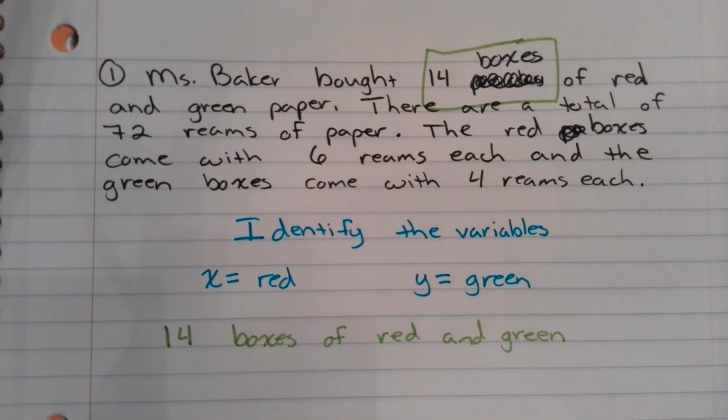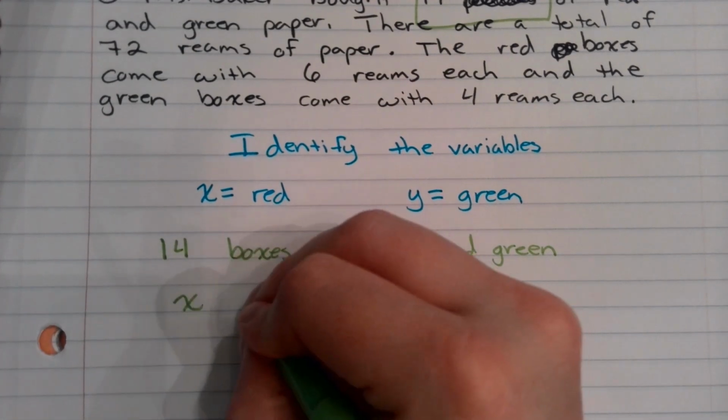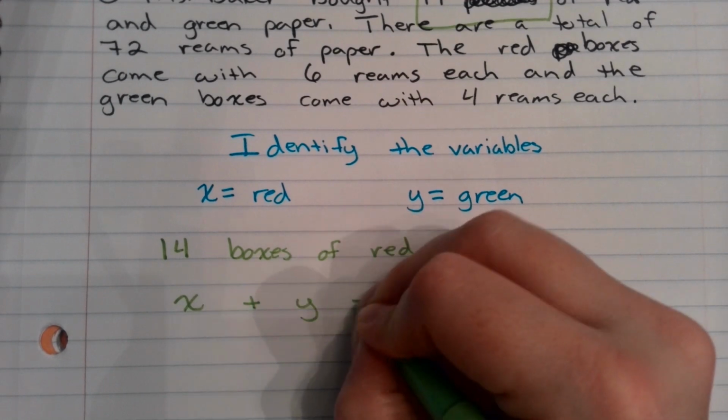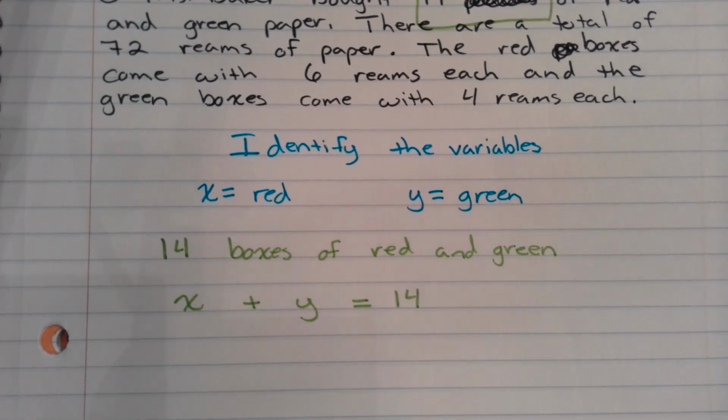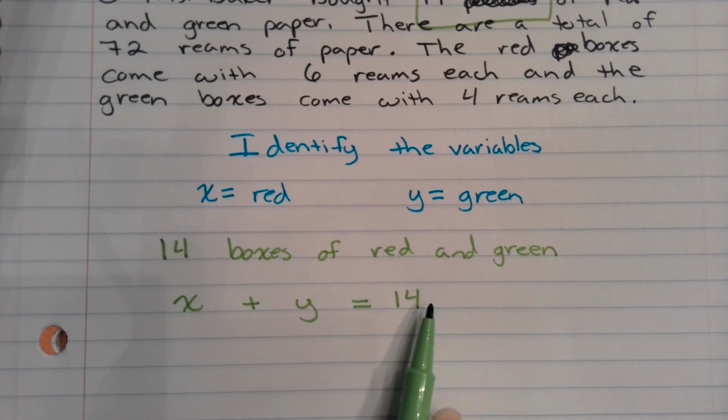So I don't know how much red, how much green, but I do know that together it's going to create 14. So that would give me the equation x plus y is equal to 14. If I add my red and I add my green, it's going to give me 14 boxes.